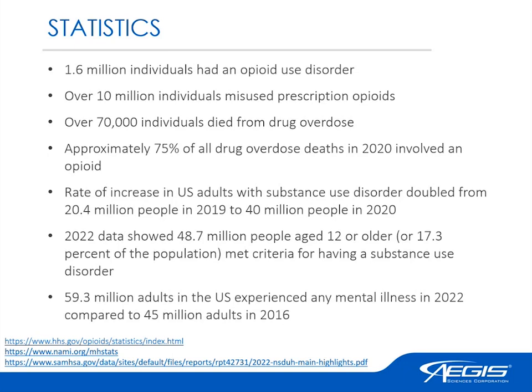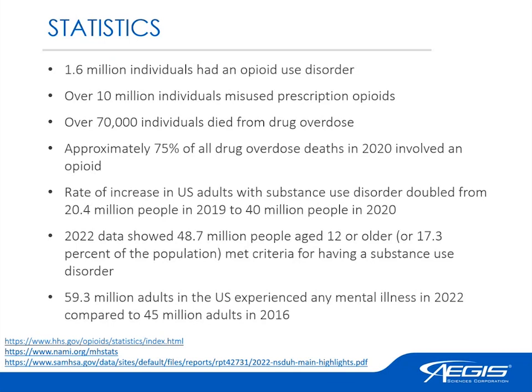outcomes. Data that was gathered by the US Department of Health and Human Services from 2020 showed that 1.6 million individuals had an opioid use disorder and over 10 million individuals misused prescription opioids, and that over 70,000 individuals died from a drug overdose.